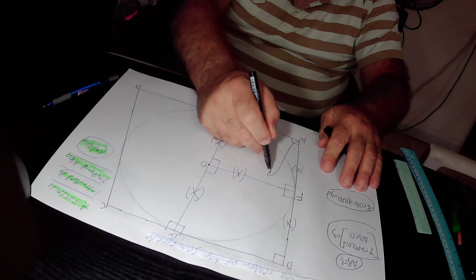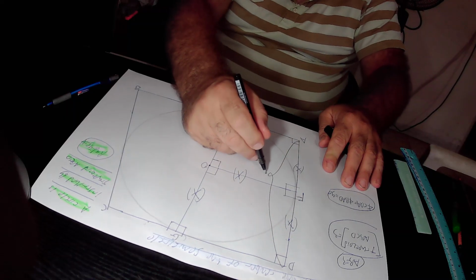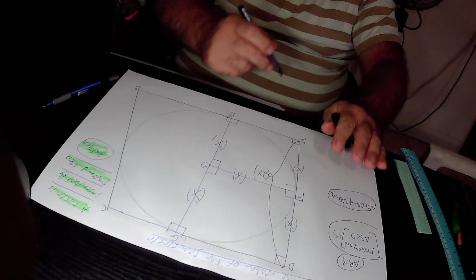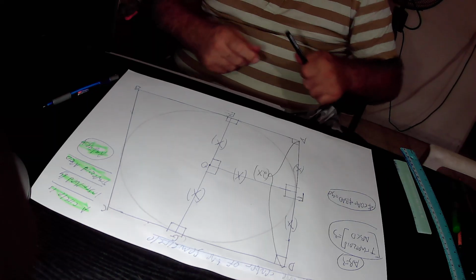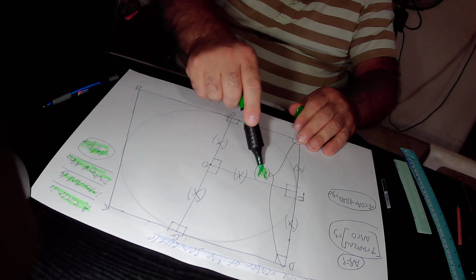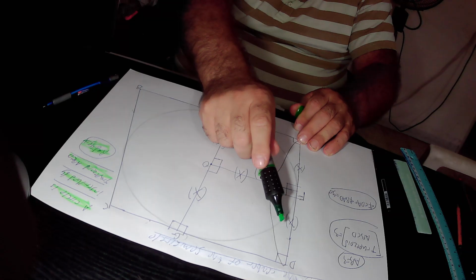So this is side AD of trapezoid ABCD. It equals 2x units in its length. We define the length of side DC of trapezoid ABCD as a.